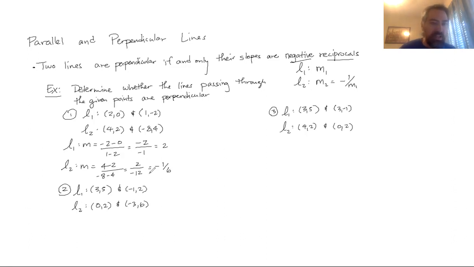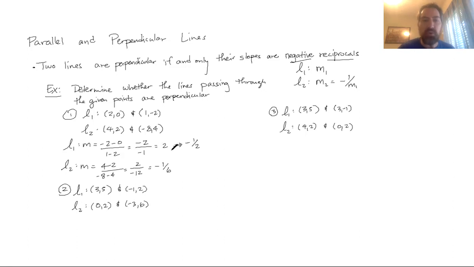Since the slopes are not the same, of course they're not parallel, but they're not negative reciprocals either. To visualize this better, take the slope of L1 and take the negative reciprocal: you make it negative and flip it around to make it -1/2.